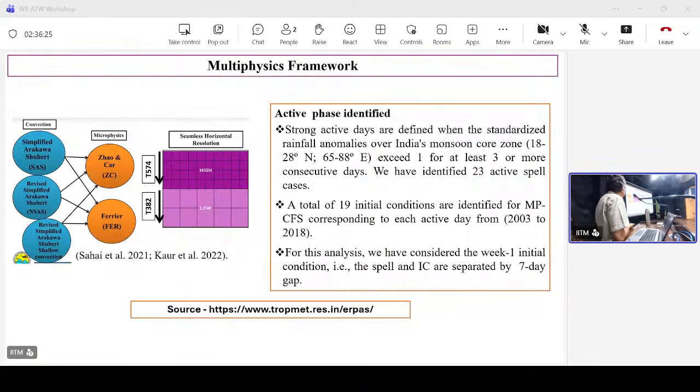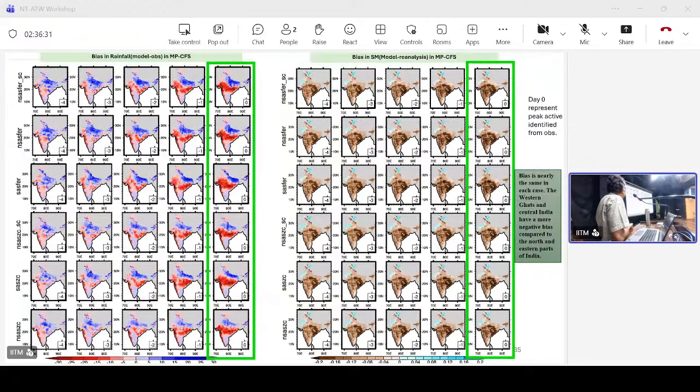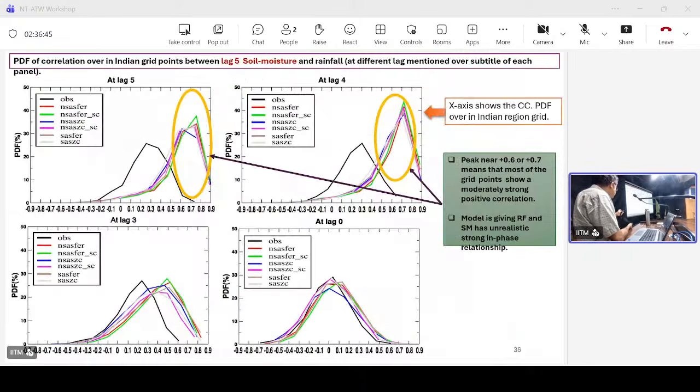Now if we do the real-time prediction, we have shown here that in the prediction mode this is the dry bias which I showed earlier, a strong negative soil moisture bias, and they are probably coupled. How I am showing you: the coupling is like this. This is the lag 5 soil moisture and rainfall at different lags. The black curve is the observation, and these are the different versions of the CFS model, which used different microphysics schemes and everything.